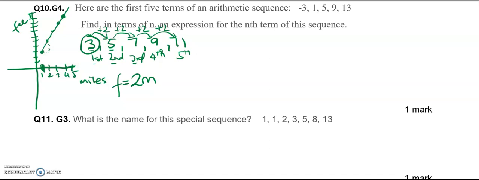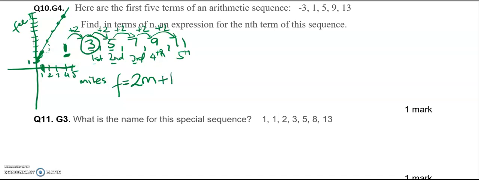So if I reverse this process and take away 2, it's going to give me 1. So 1 plus 2 gives me 3. The pattern continues in there. And this tells me that the fee that I'm paying up front is £1. So this is going to go over to the 1 here. So the fee is equal to 2m plus 1.